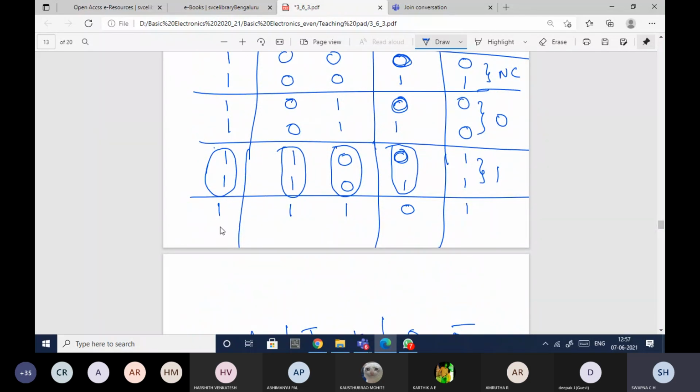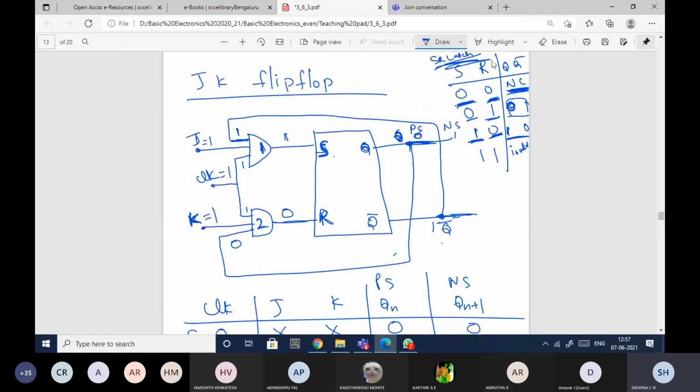Okay, now the last state. Clock is equal to 1, J value is equal to 1, K value is equal to 1, and the present state is 1.